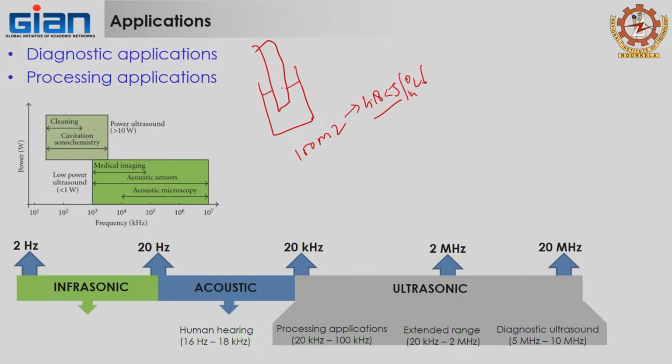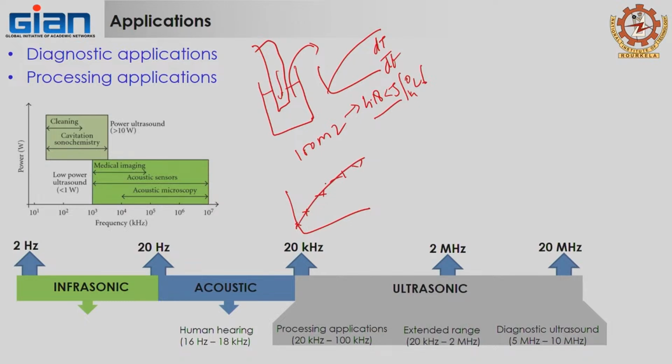So when you start the ultrasonic system, the temperature automatically increases. When temperature increases, if you measure the rate of change of temperature over time, that gives you dT by dt. That means if temperature increases over time, you measure the slope of that particular line.